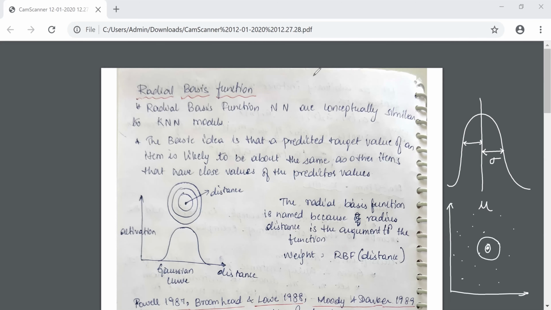There will be a priority given to this. What is the distance from here to here? The next points lying on the second curve, points lying on the third curve, the fourth curve, the fifth curve.